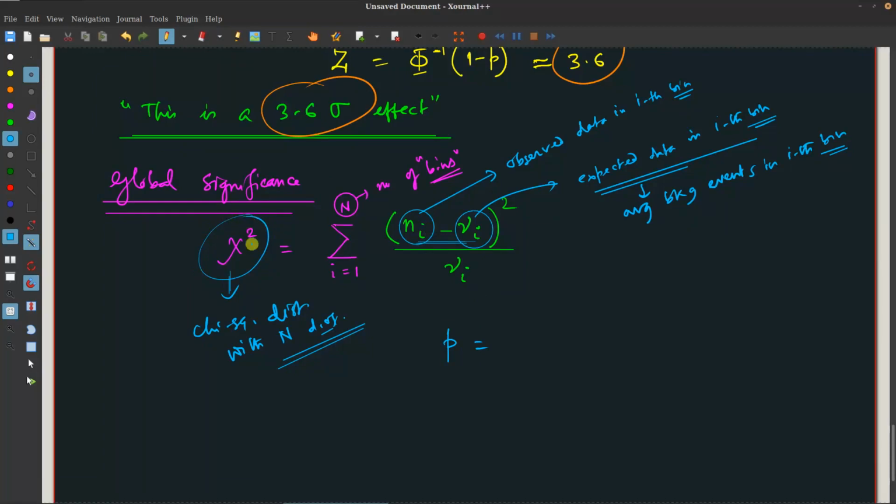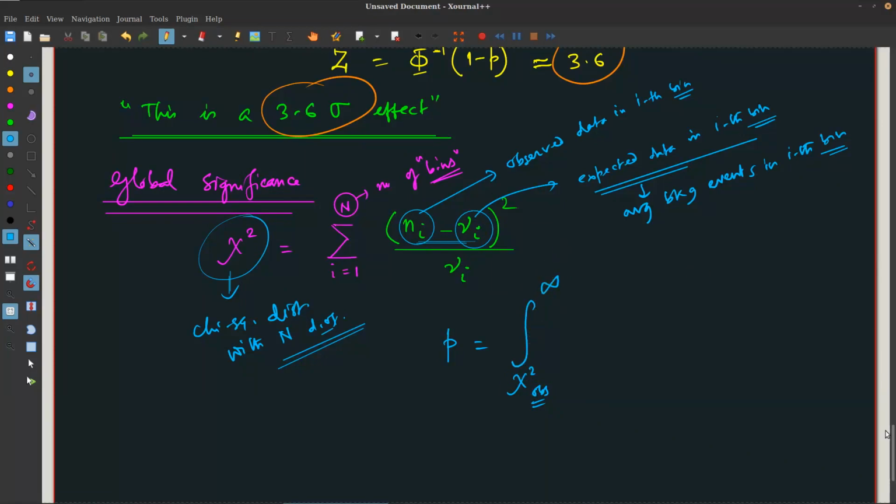The higher the chi-square, the worse the compatibility. Because if all these n i's are roughly equal to nu i, then you will have a very small chi-square, ideally chi-square equals 0. And the more the deviation of each n i from its respective nu i, the worse it is. So basically you integrate from this chi-square observed to infinity, because this region gives you worse compatibility.